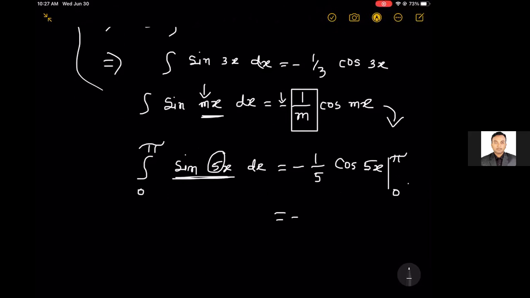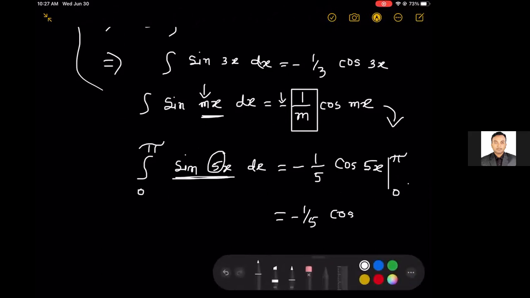So it would be -1/5 cosine 5x. Again, for the evaluation part, let me give you a gentle reminder. You just need to replace your x by the value you have in place of that upper and lower limit, right? So it would be, I assume I'll need more space, so I think I should start from here.